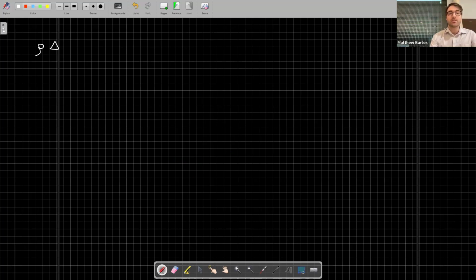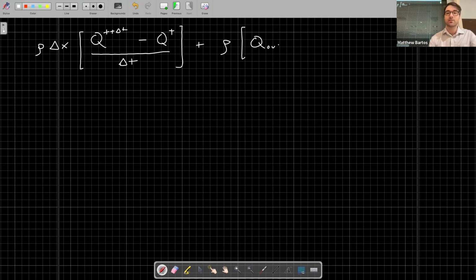So we have the density times the length of the control volume times the discharge at time t plus delta t minus the discharge at time t, divided by delta t, plus the density times Q out, U out minus Q in, U in. We set this change in momentum equal to our sum of forces.